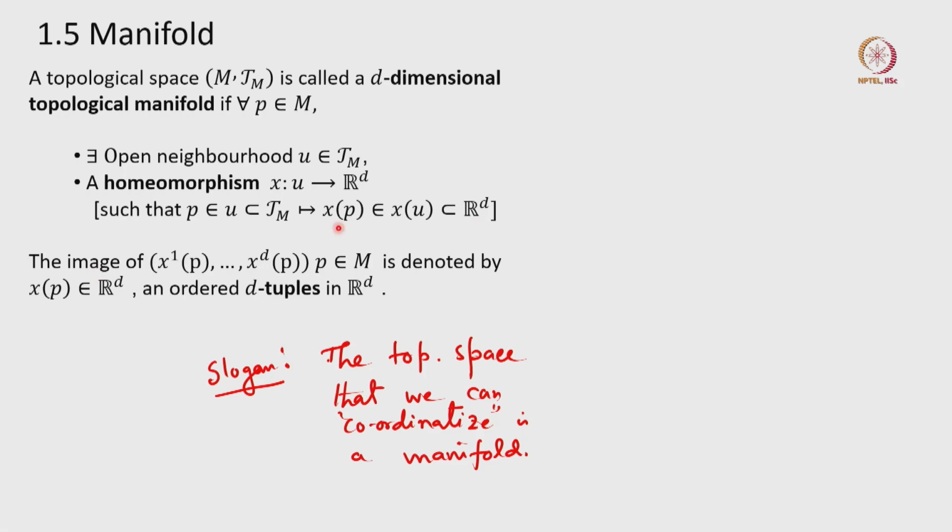And these are the image in R^d, and there will be d number of these variables, and we are deliberately using the notation x to remind you that this is kind of like your coordinates, denoted by x, an ordered d-tuple in R^d.